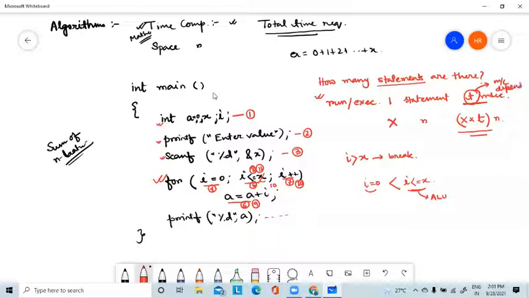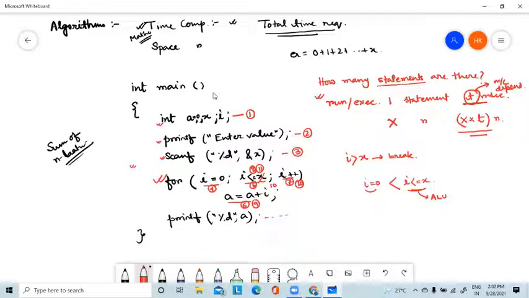Why is this itself machine dependent? Because it depends on the processor speed. Clear? So that's why this value is machine dependent. It means if I run this algorithm on, say, a Pentium 2 or Pentium 3 processor, then it will take more time than if I run it on a Core 2 Duo processor, because the speed is varying.